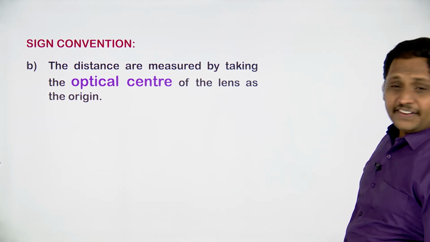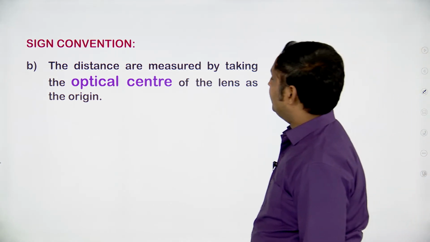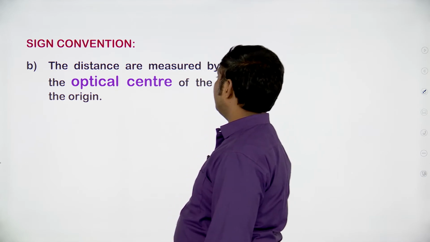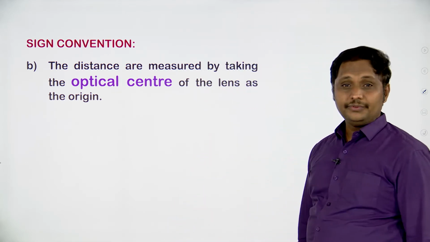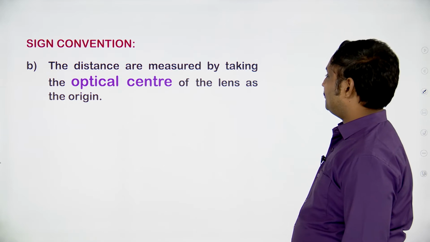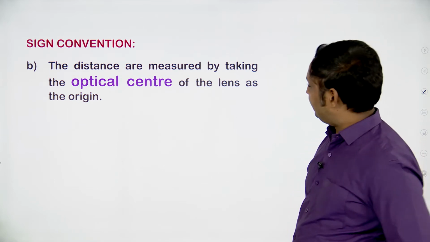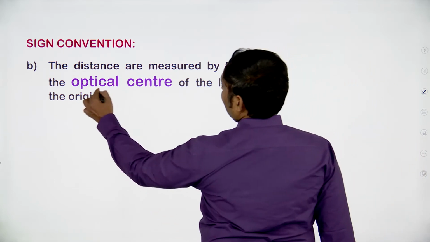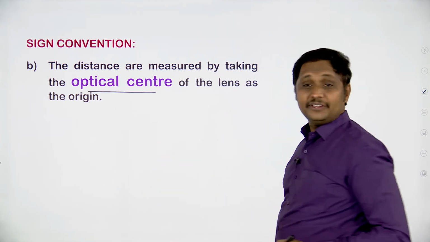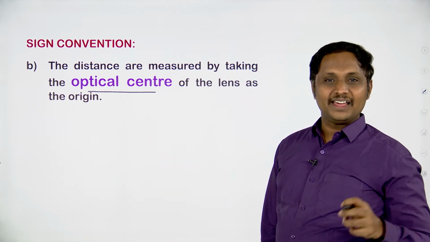The distances are measured by taking the optical center of the lens as the origin. So the optical center should coincide with the origin of the coordinate axis.